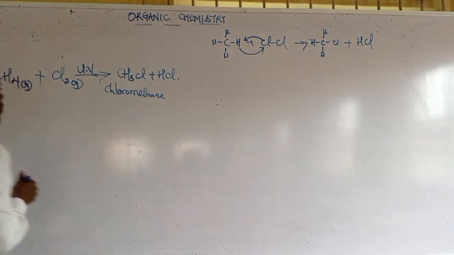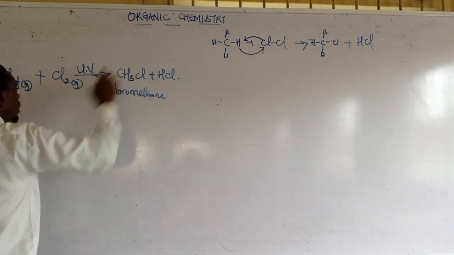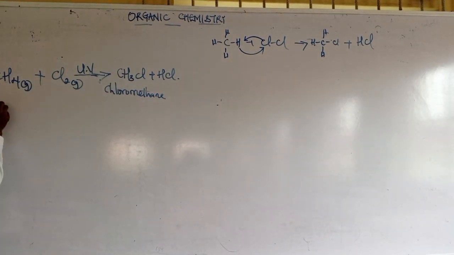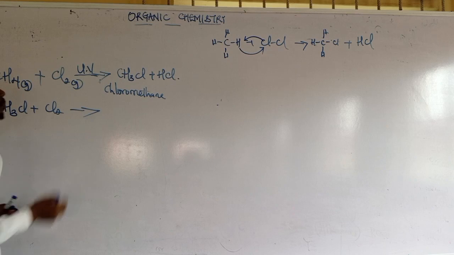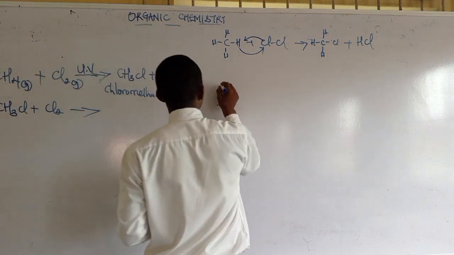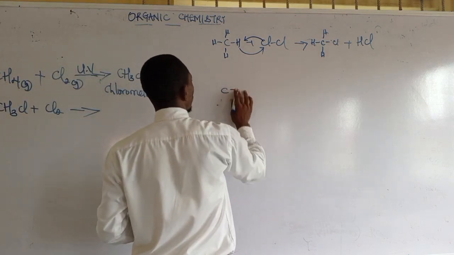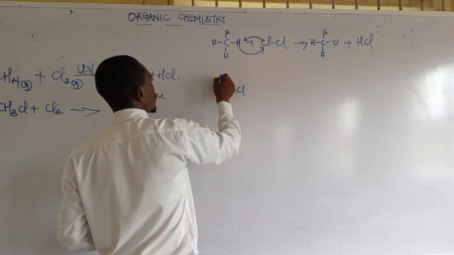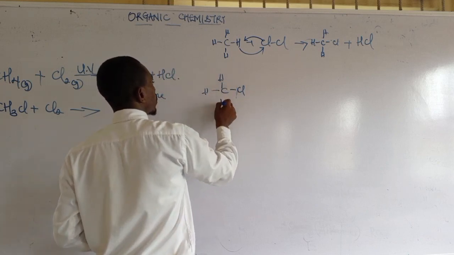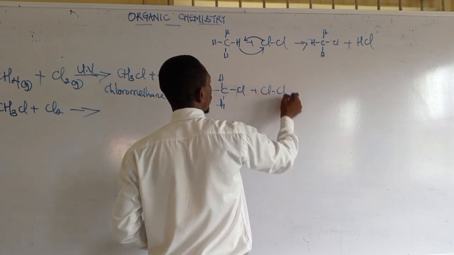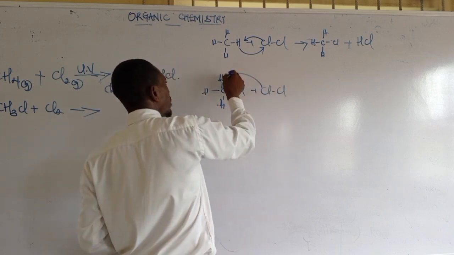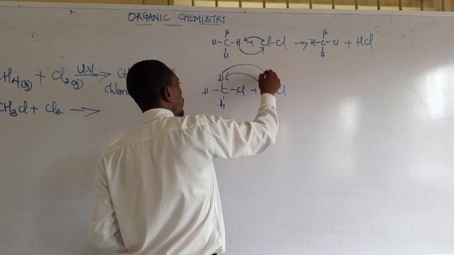This is phase 1. In phase 2, this chloromethane will further react with chlorine. So chloromethane reacts again with chlorine to form products. So how do we express it? We have CH3Cl plus chlorine. This chlorine will attack this, and this will replace.